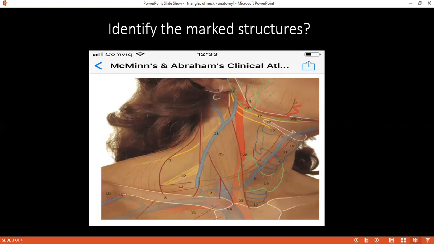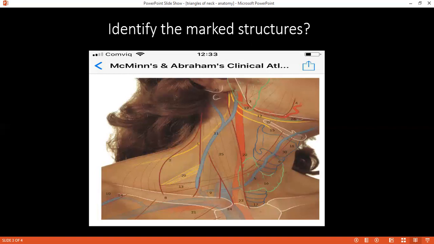Can you tell me the boundaries of the anterior triangle? Submental and submandibular are divided by the anterior belly and posterior belly of the digastric muscle, and by the superior and inferior belly of omohyoid muscle.